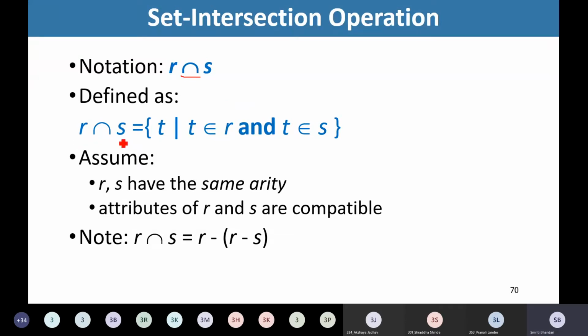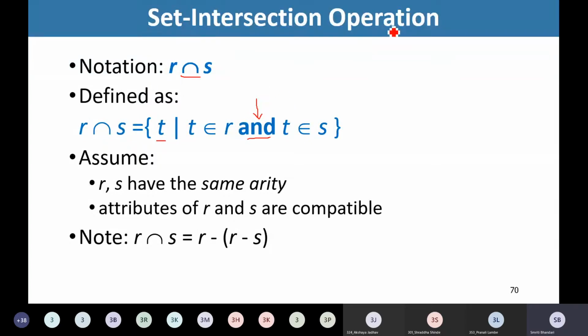So how do we define this binary operation intersection? We say that R intersection S gives us the set of tuples T such that T belongs to R and T belongs to S. I'll repeat: set intersection can be defined as the set of tuples T such that T belongs to R and T belongs to S. If you remember, the definition of the union operation was similar, except that instead of this AND logical operator, we mentioned OR in union.